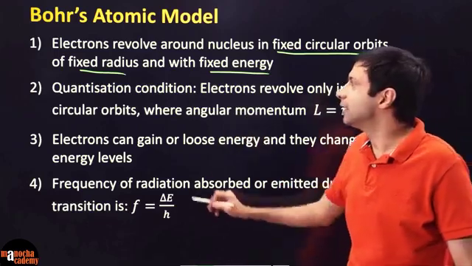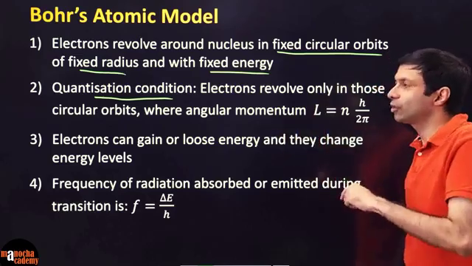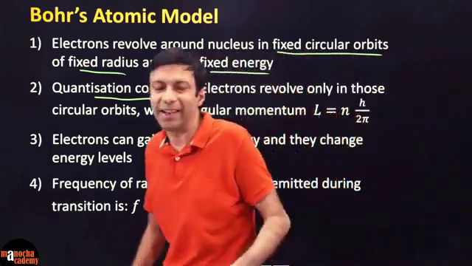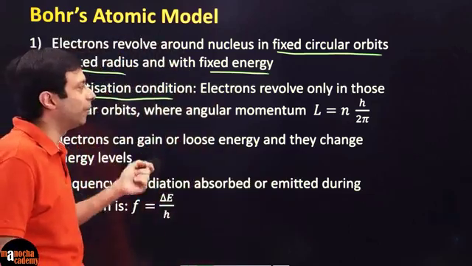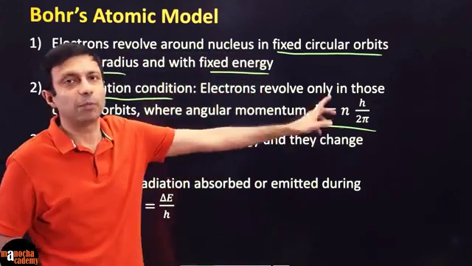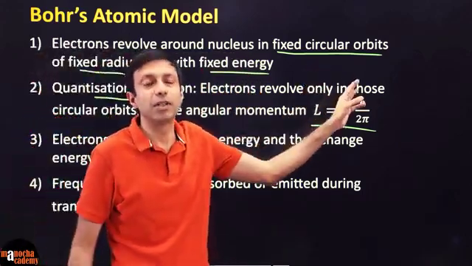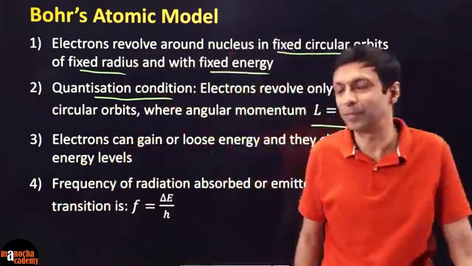Second postulate, there's a very interesting quantization condition. He said electrons cannot revolve in any random circular orbit. They revolve only in those circular orbits where the angular momentum of the electron is nh by 2 pi, so integer multiples of h by 2 pi. We'll also talk about this in detail later.